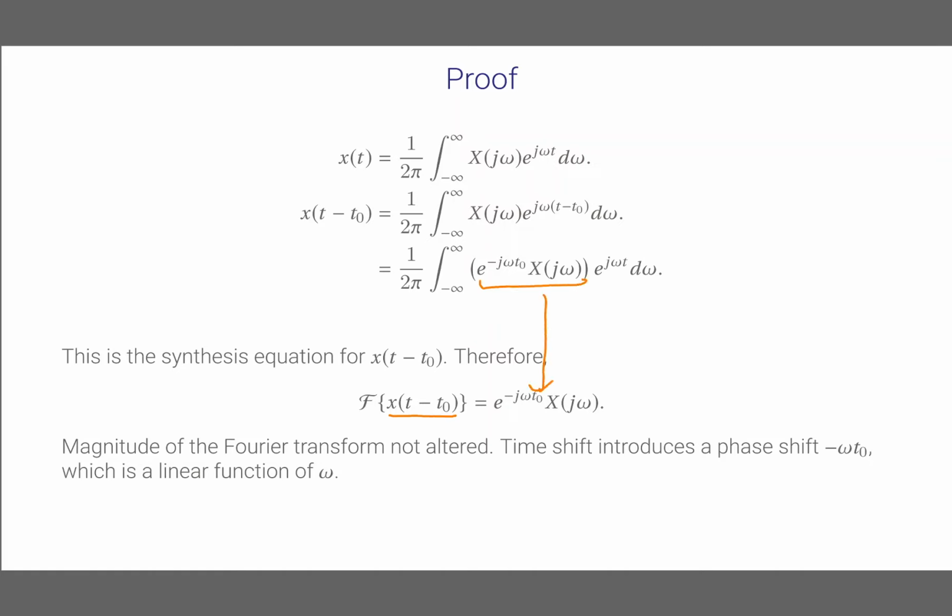If we examine this, the magnitude of the Fourier transform is not altered. You can see e to the power of minus j omega t naught has magnitude 1. So the magnitude has not been altered, but the time shift introduces a phase shift of minus omega t naught, which is a linear function of omega.